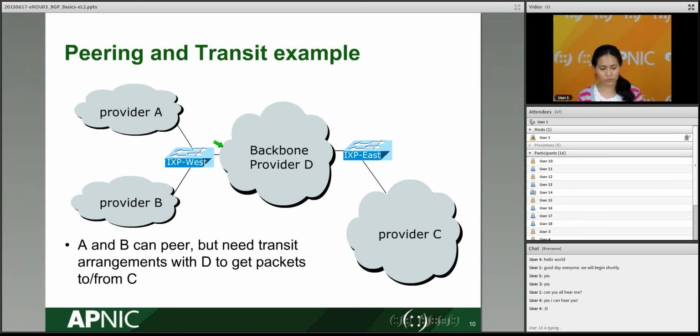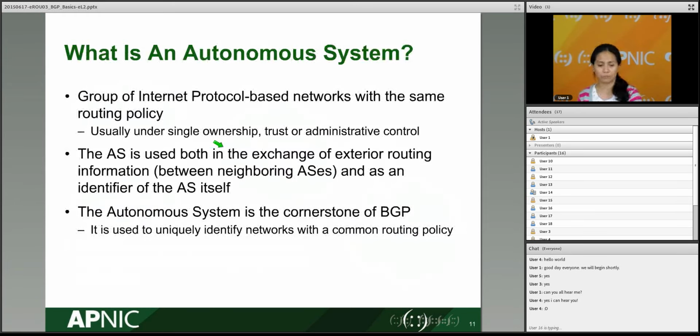All right, next one here is the definition of an autonomous system. I've mentioned this already earlier on. An autonomous system is a group of routers and networks, and they are mostly defined under a single ownership, trust, or administrative control. You have to understand autonomous systems because we use it a lot with BGP.